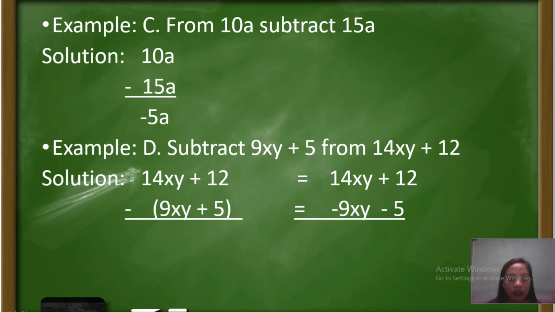And then you're going to put a parenthesis so you won't get confused. Negative times 9xy, that is equal to negative 9xy. And negative times 5, that is equal to negative 5. And then simplify. 14xy plus 12 minus 9xy minus 5. So 14 minus 9, that is equal to 5, and 12 minus 5, that is equal to 7.